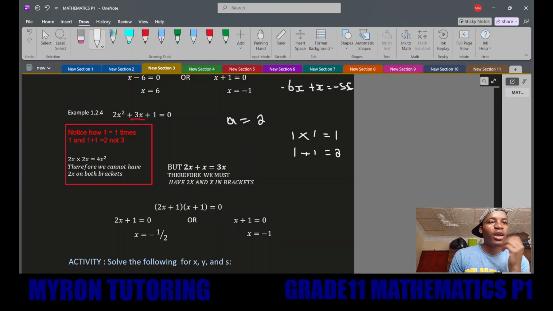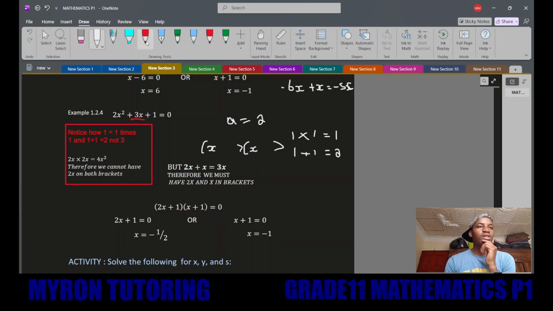If you recall, when we open brackets, we have x and x, then we have numbers on this side.